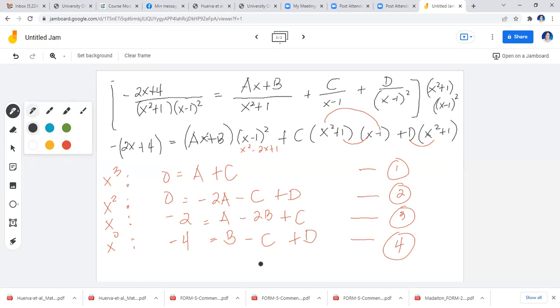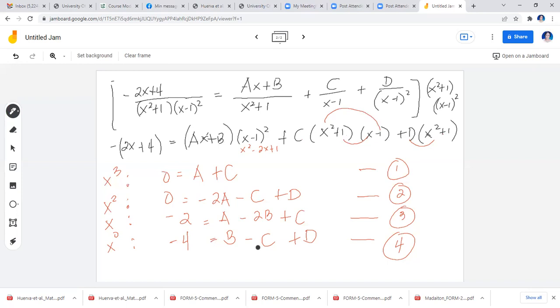I'd like to go direct to the things that I only need. Now, what equations do I need to process? That way I can find my coefficients. Any suggestion?